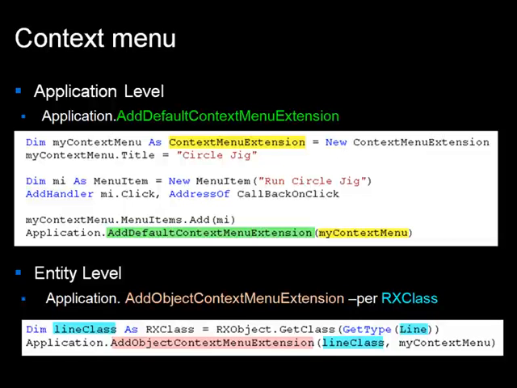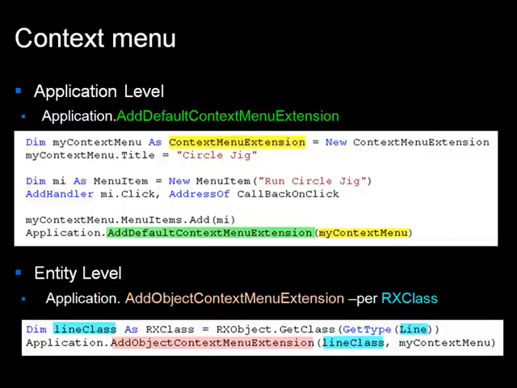You can add a context menu at the application level, or you can have a context menu just for certain types of entities. The application level context menu displays when the user right-clicks on the drawing background. You add this context menu using AddDefaultContextMenuExtension of the application. In this example, you see here, a context menu is being created.